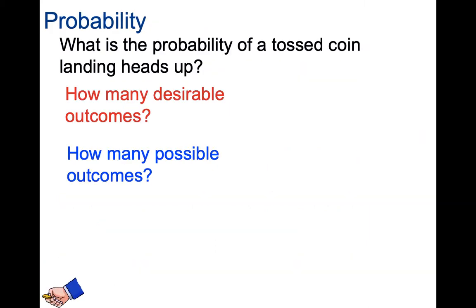So probability, what is the probability of a tossed coin landing heads up? So I think we all know the answer to this, but that's the general idea, and we can understand how probabilities are calculated by looking at the simple cases and then generalizing that to the more complicated cases. So how many desirable outcomes are there, and how many possible outcomes, right? Well, the desirable outcome is heads, and the possible outcomes are heads or tails, right?